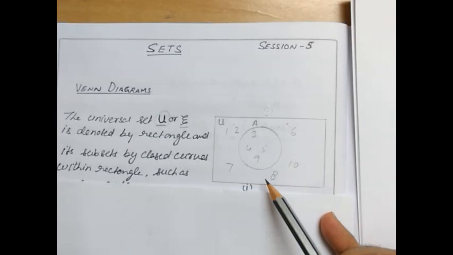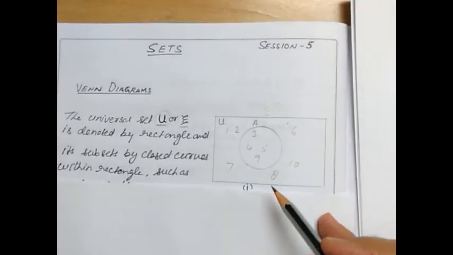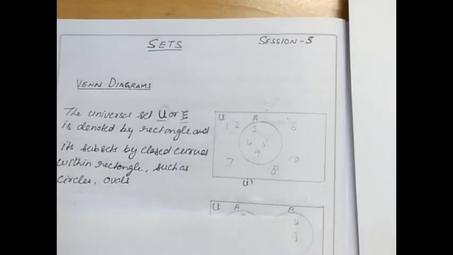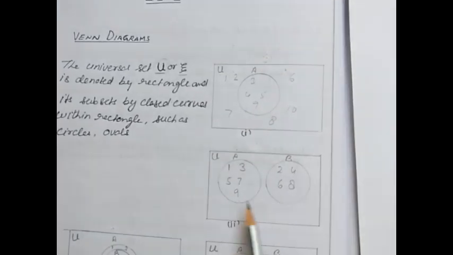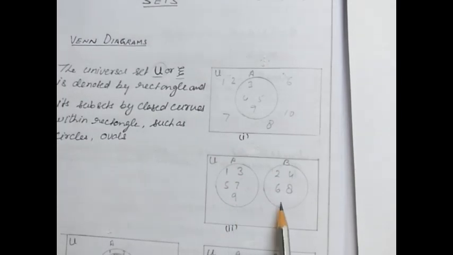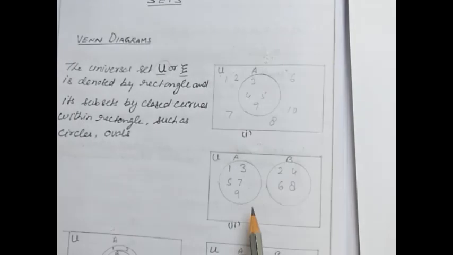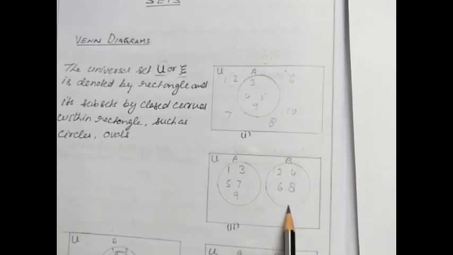So here we will be discussing the presentation of a set in the form of a Venn diagram, and let's see more of the Venn diagrams. Here we see two circles which are not touching each other, isn't it? If you remember in the sets, when we were describing in the roster form as well as in the set builder form, we were getting certain sets which do not have anything in common.